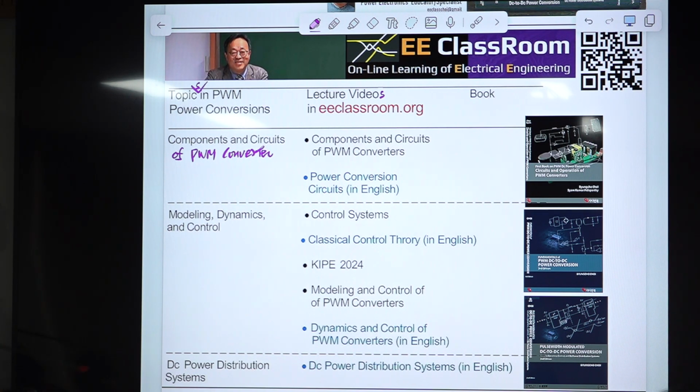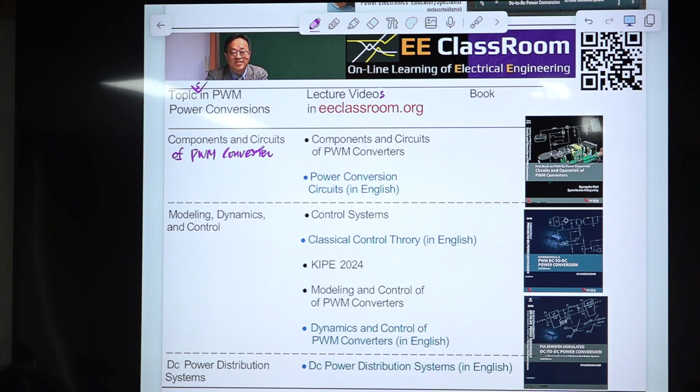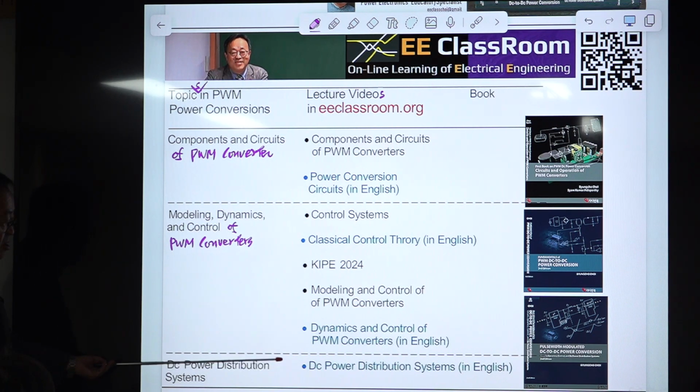The second one is modeling, dynamics, and control of PWM converters. The third one is DC power distribution systems.